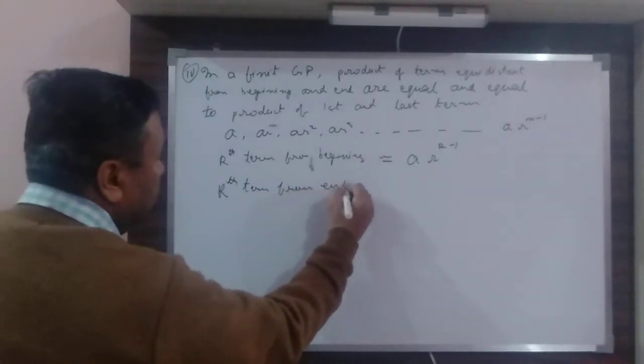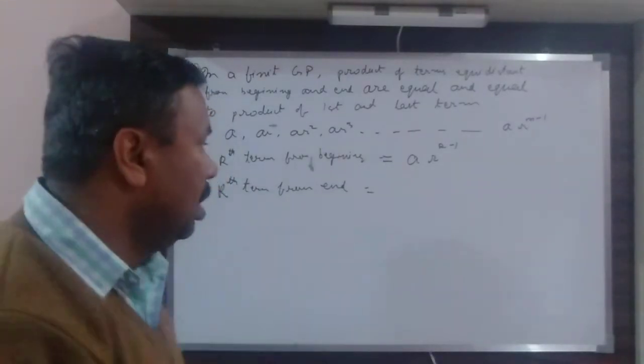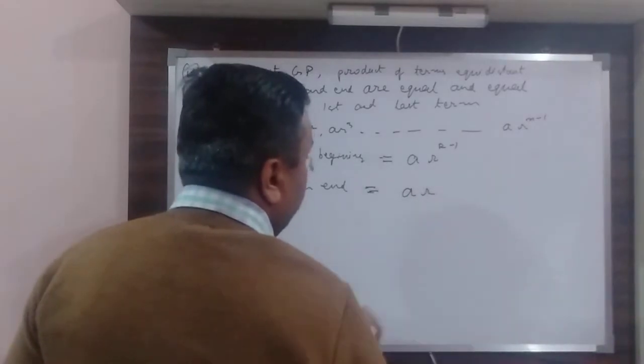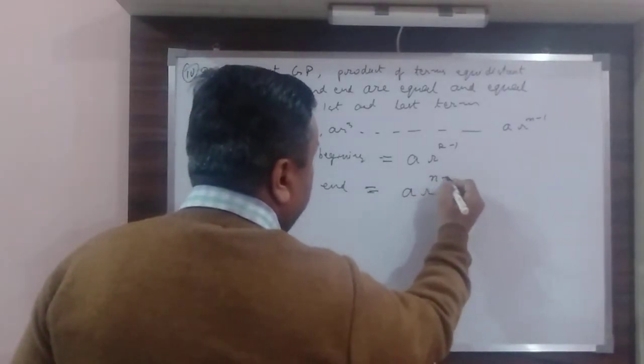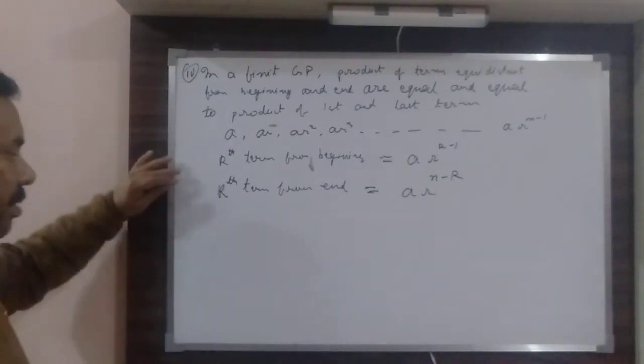Now I will take the same rth term from the end, and you can recall from my previous video that the rth term from the end will be a times the common ratio raised to the power n minus R. Now multiply.